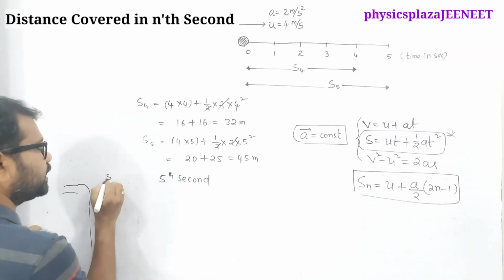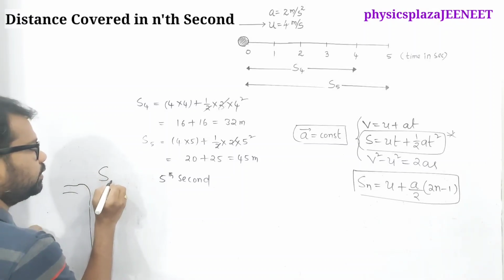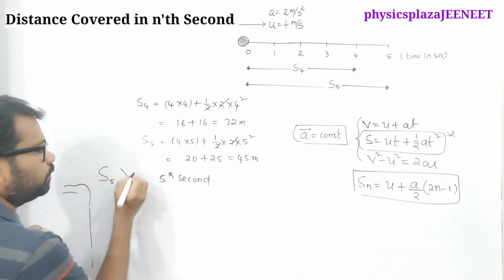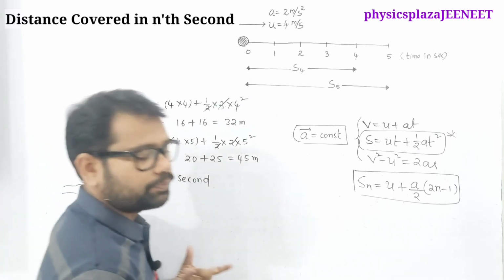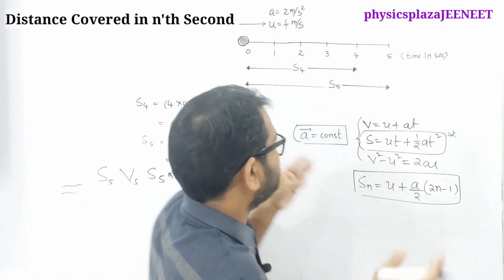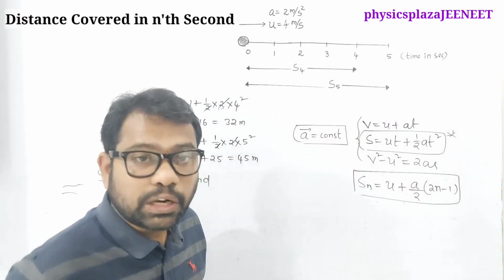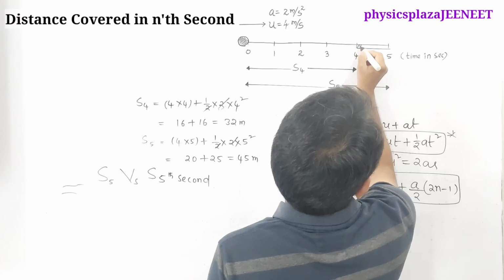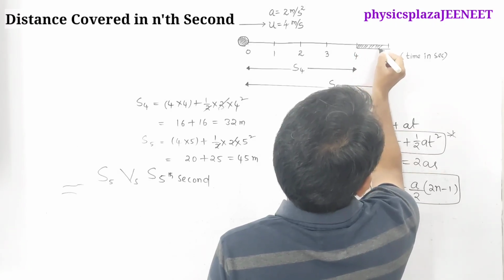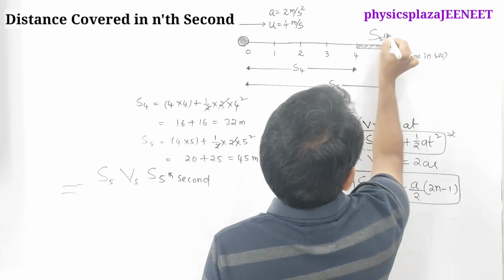Let us see distance covered in 5 seconds versus distance covered in the 5th second. What is the difference? Distance covered in 5 seconds means whatever we calculated till here. The 5th second means the last second, 4 to 5. So this is the distance covered in the 5th second.